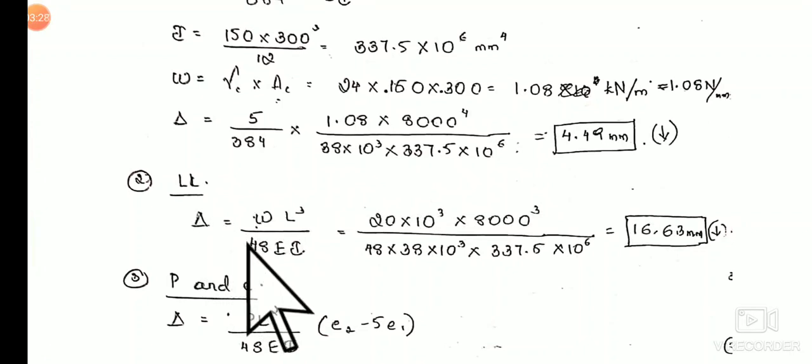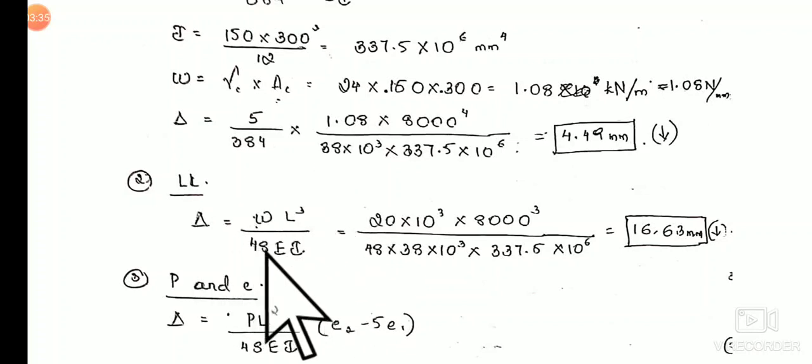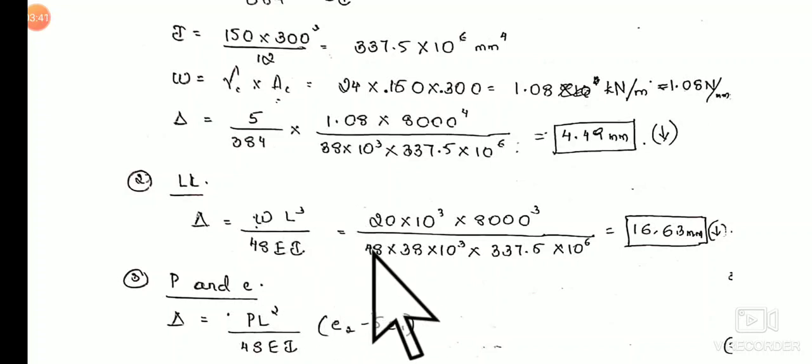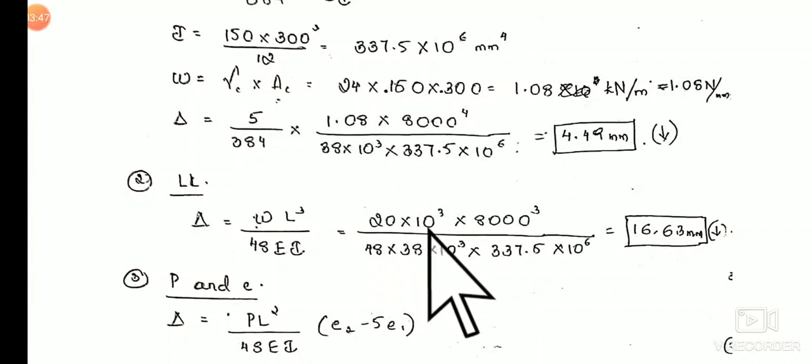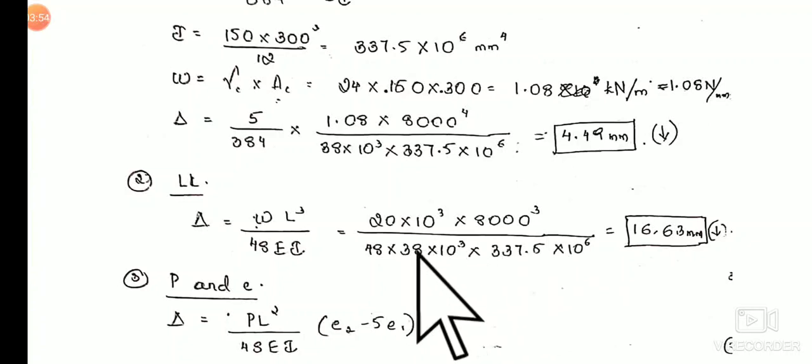Now deflection due to live load. For a live load in the form of point load at the midspan, the formula is given by delta is equal to 1 by 48 WL cube by EI, which is equal to 1 divided by 48 into W, intensity of the live load, that is 20 kilonewton, 20 into 10 raised to 3 into span 8000 cube divided by 48 constant EI.